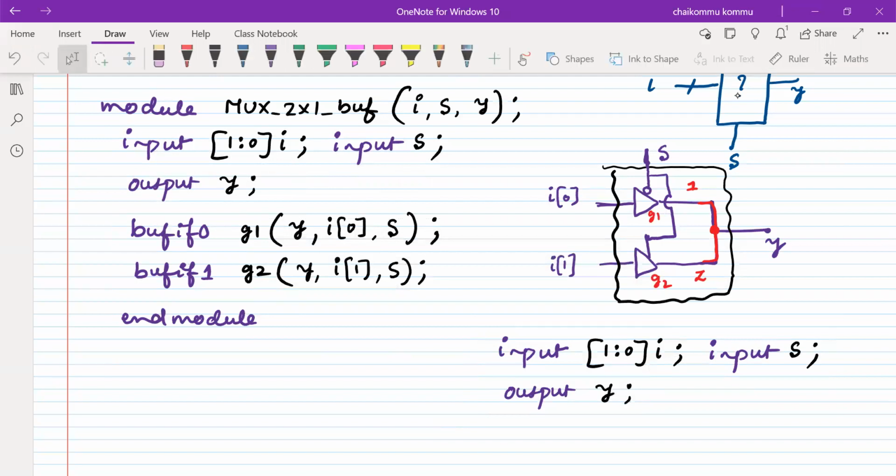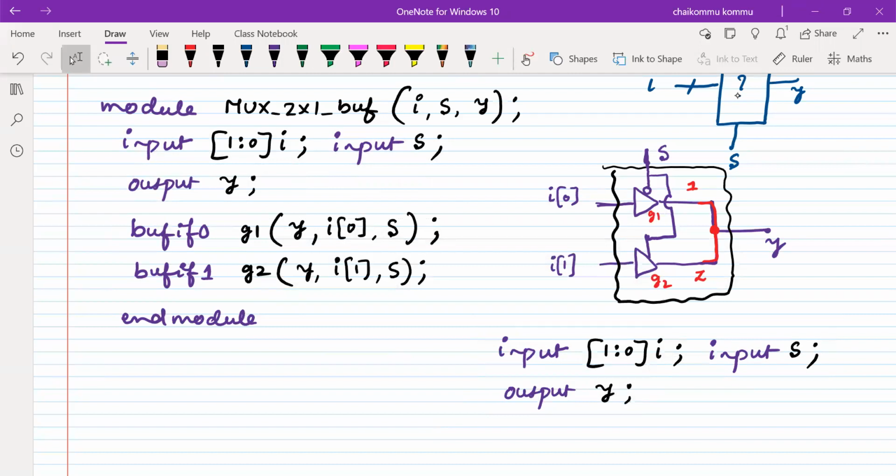See, if you take any line in your design, that must handle some kind of data. That means it takes some kind of data, or it can send some kind of data through that particular net or signal or line. That line will take some kind of data, right? So that data must be any one of the types. It may be a net type, or it may be a variable data type.